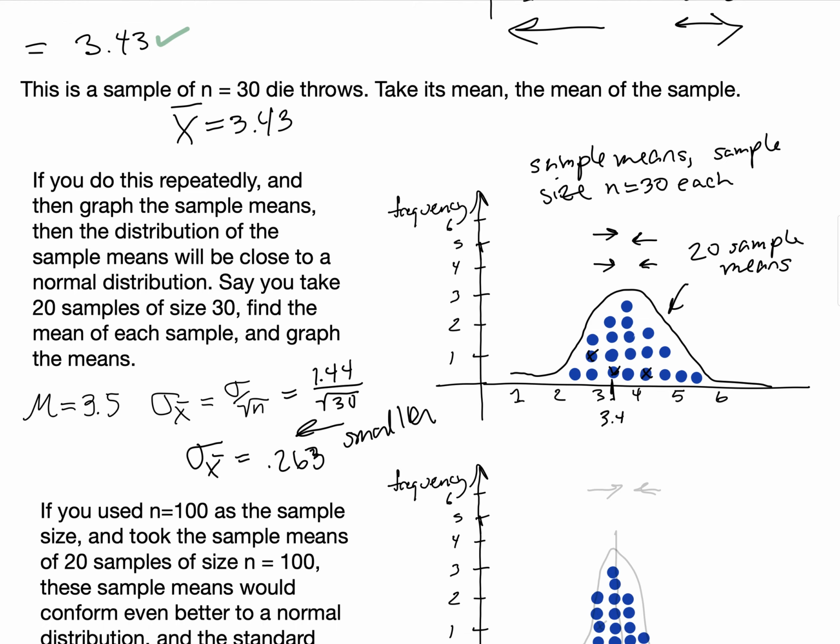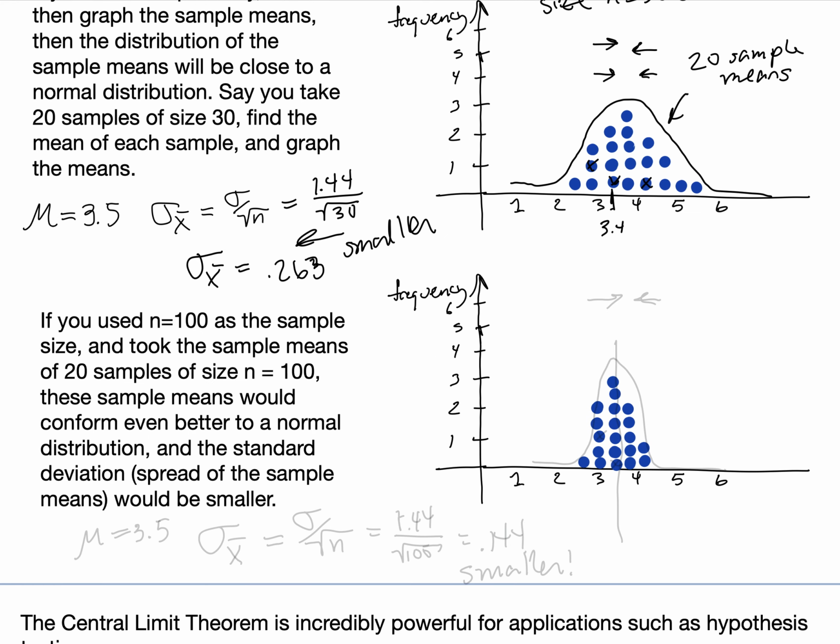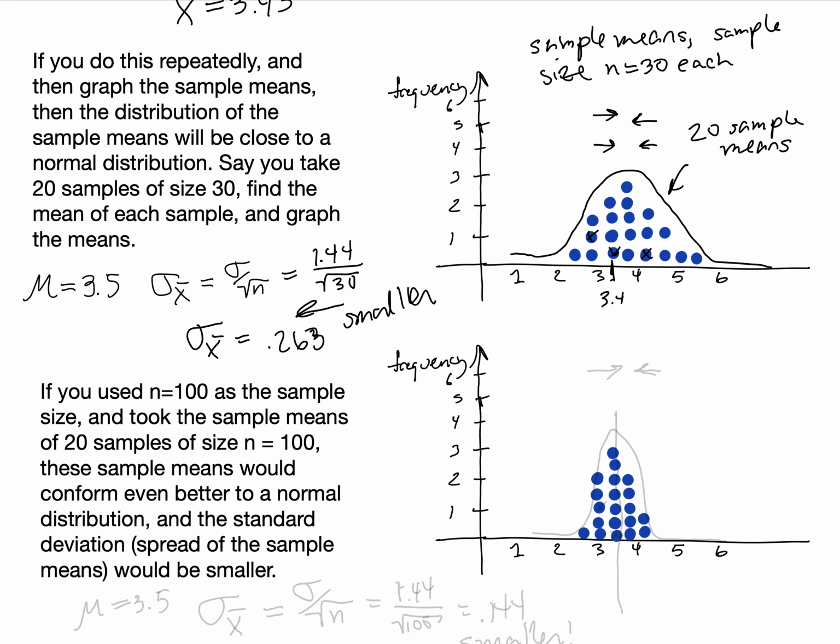If we used sample size n equals 100, and we took sample means, and again, so we rolled the die 100 times, we took the average of those 100 rolls, and we did that 20 times, and maybe one of the times we get 3.56, and another time we get 3.43, and so on. But these sample means are going to be closer to the original mean. The original mean, 3.5, is going to be the same as the mean for this distribution.